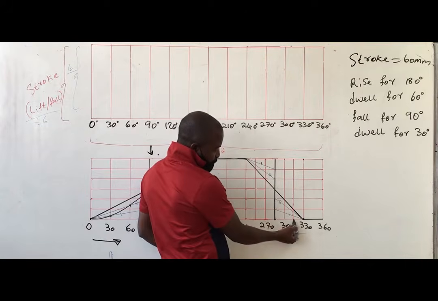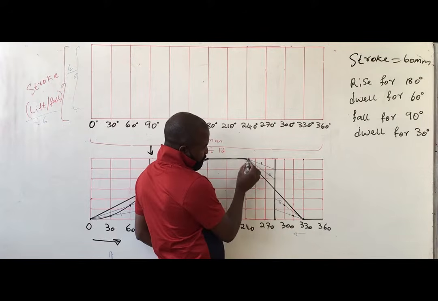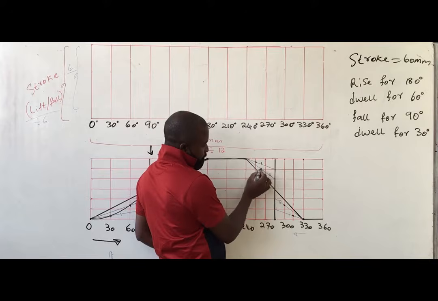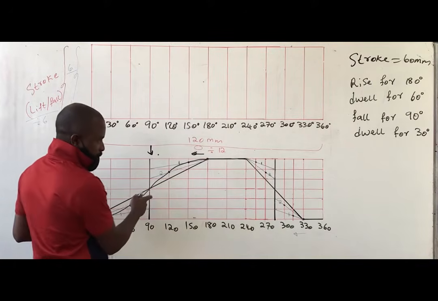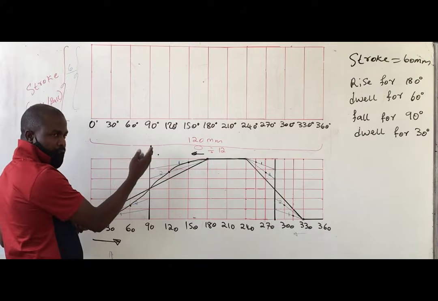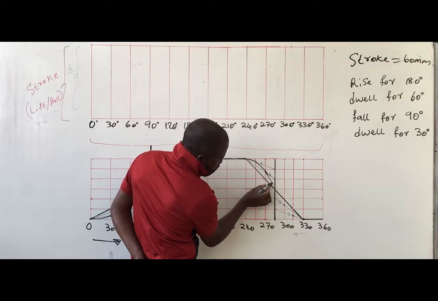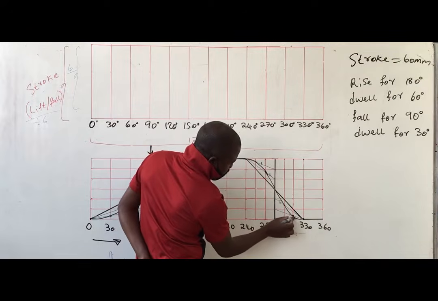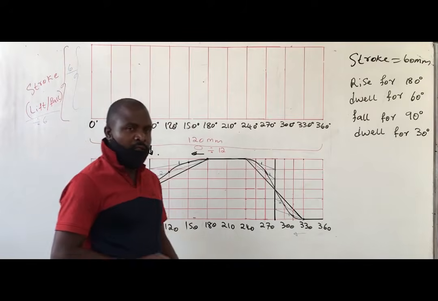So the first division with the first line, second division with the second line, first division with the first line, second division with the second line, as you did this side when it was rising. So from there you join. So that is your motion.